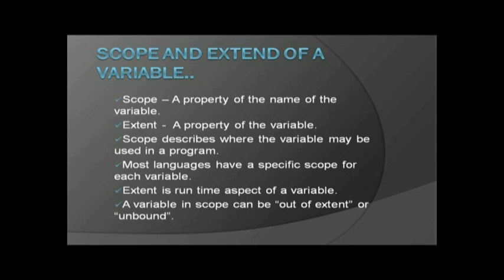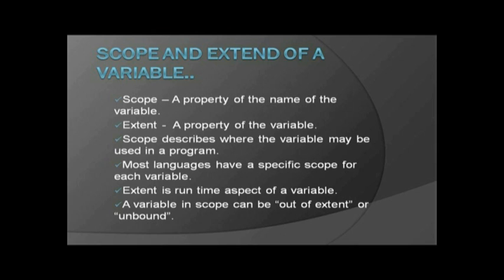Each binding of a variable to a value can have its own extent at runtime. The extent of the binding is a portion of the program's execution time during which the variable continues to refer to the same value or memory location.